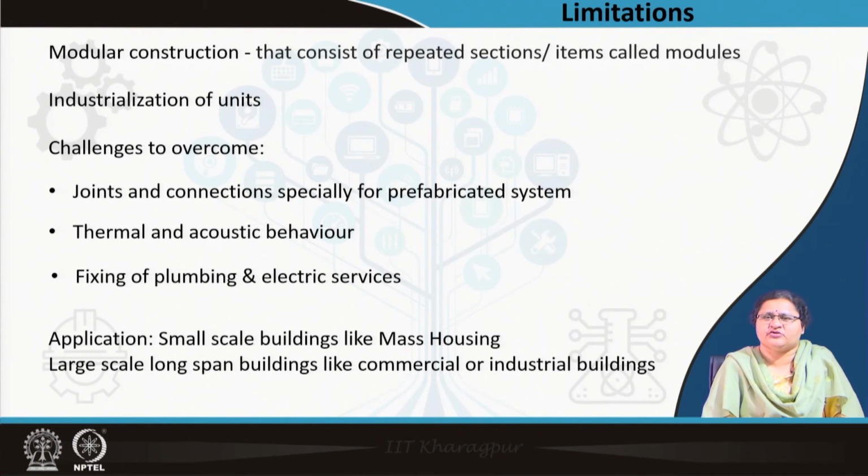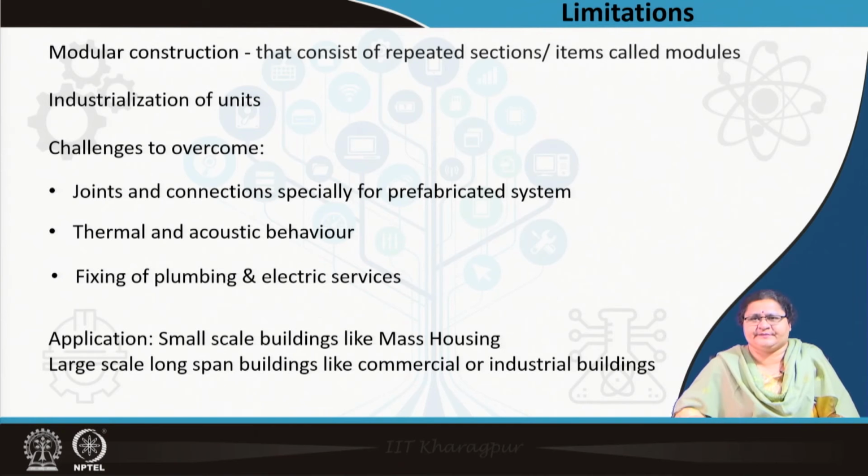Or else large scale long span buildings, commercial buildings, industrial buildings, where you can create large spaces, large office buildings, large floor spaces, and inside you make compartments and use it. For a large scale, long span building, you can use pre-stressed panels and make a prefabricated or precast system developed for that.